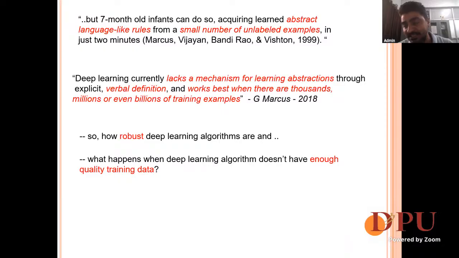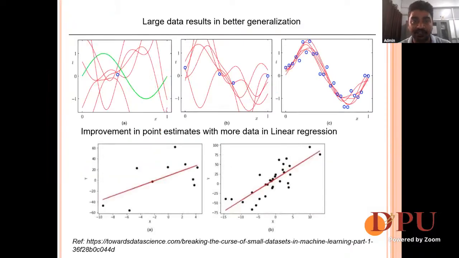But in medical imaging, the major issue is collection of data. Say, for better generalization: if you have a single dot, you are trying to generalize.